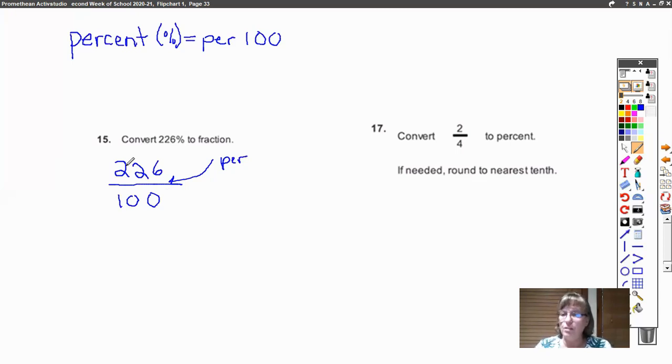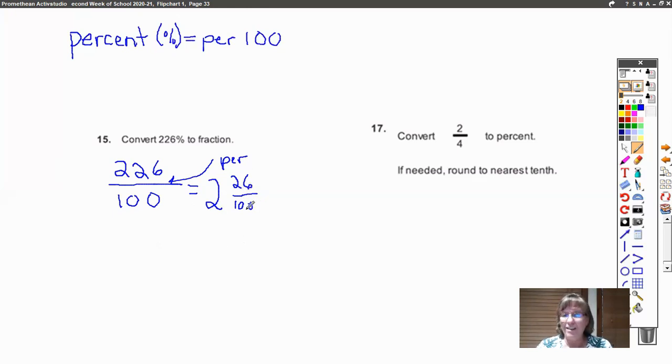A proper fraction means that the numerator is smaller than the denominator, and I can see the numerator's larger. So I want to know how many hundreds are in 226. Well, there's 2, so you have 2 whole, 2 hundreds, and then what's left is 26 100ths. The way we say that is 2 and 26 hundredths.